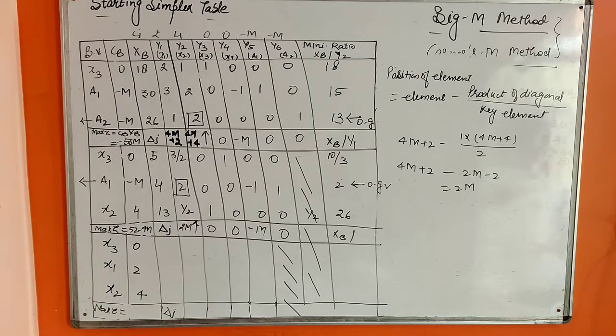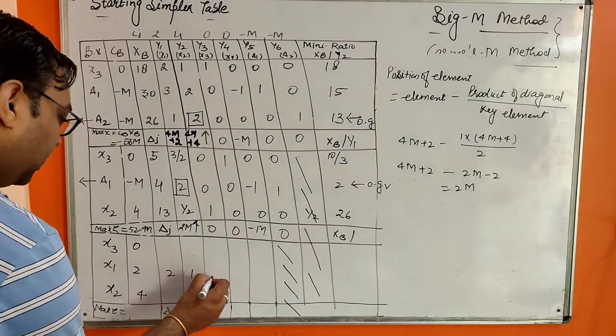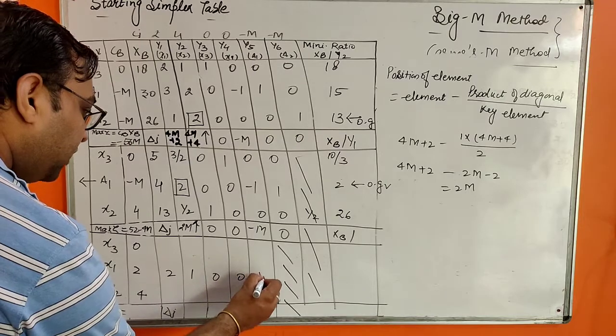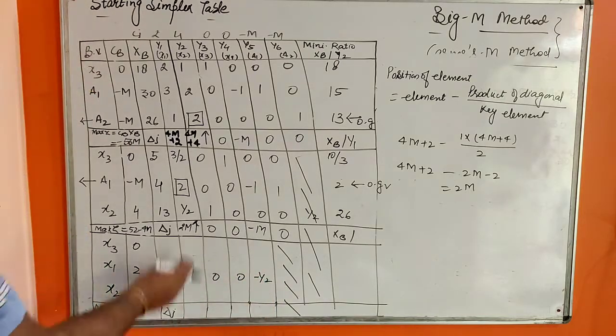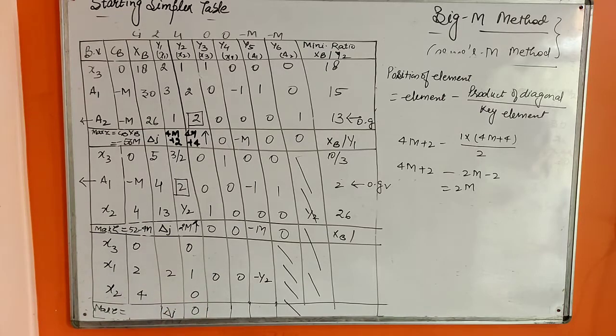Now what we have to do? We have to repeat the above process entirely. That is, we have to divide entire key element row by the key element. So 2, 1, 0, 0 minus 1 by 2. The key element column, all the elements will be converted into 0.